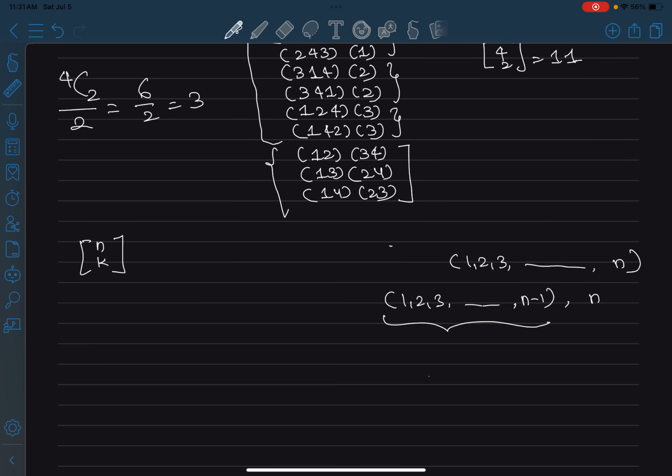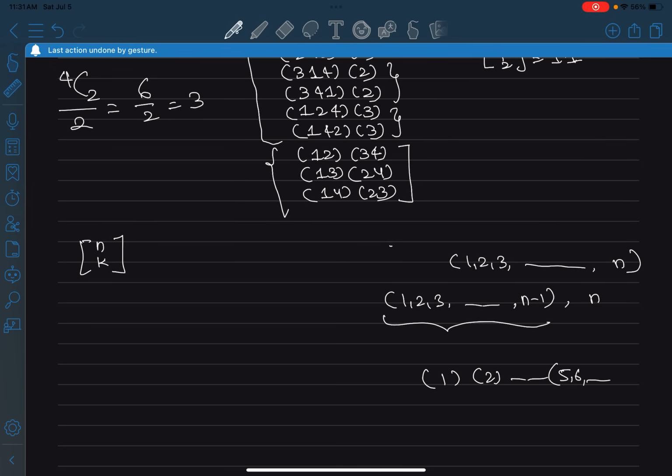So let's say there's this 1, or let's say 2. I mean, maybe there are 5, 6 of 2 cycles, 3 cycles, I don't know, maybe. In some ways, they have already written this in terms of k cycles, and also maybe up to n minus 1 like this, right?